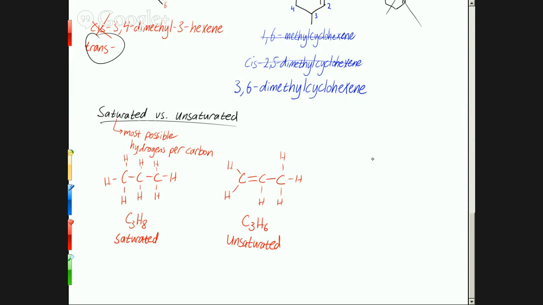You could put them in a ring. So if you make a cyclopropane and you fill the carbons with hydrogens so they each have 4 bonds. This is also C3H6, so that's also considered unsaturated.